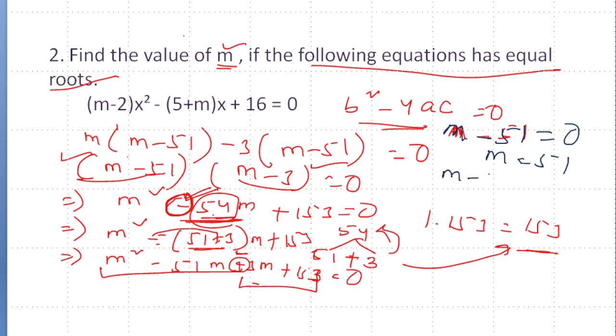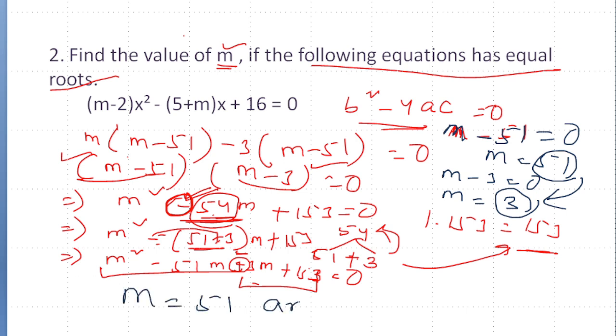Now m minus 3 equals to 0. So m equals to 3. So how much value came? m equals to 51 and 3. So m has two values, that is m equals to 51 and 3.